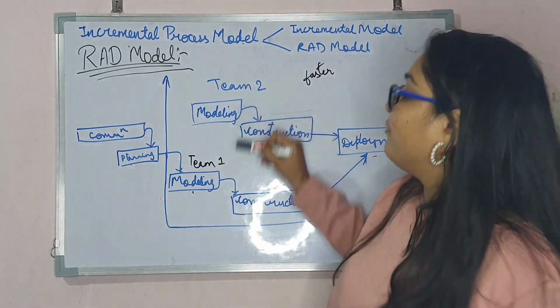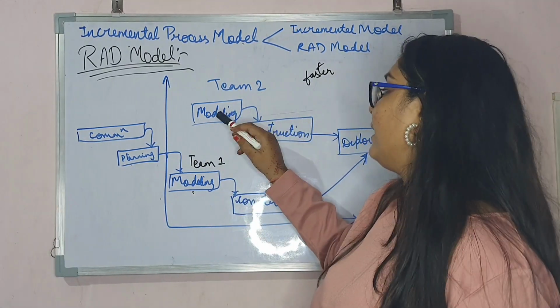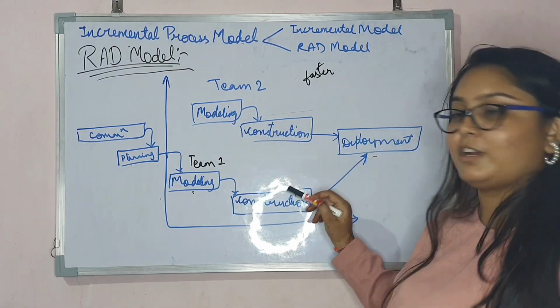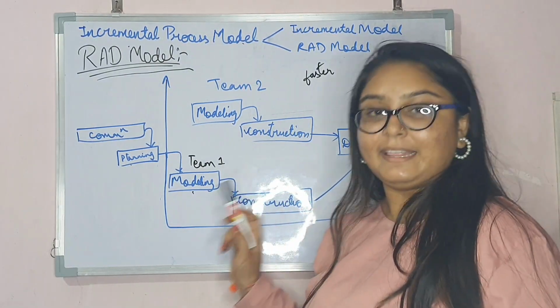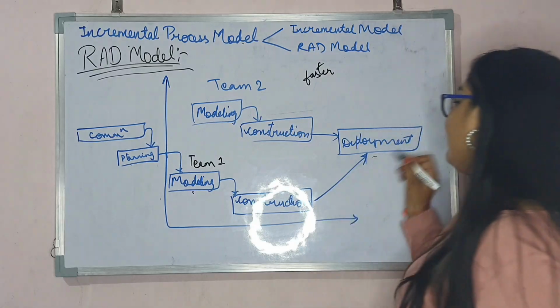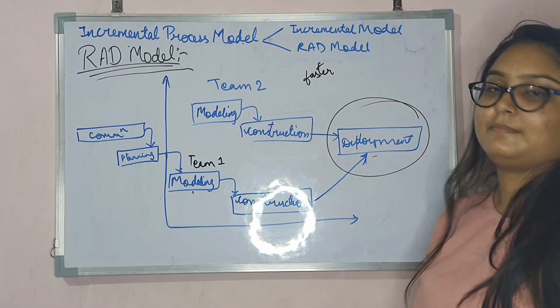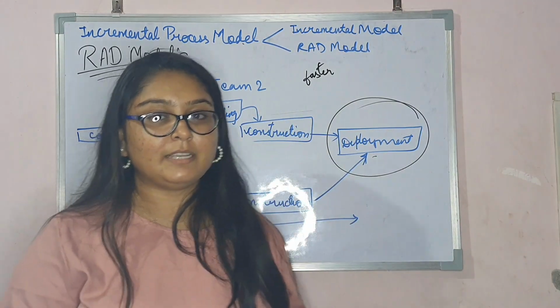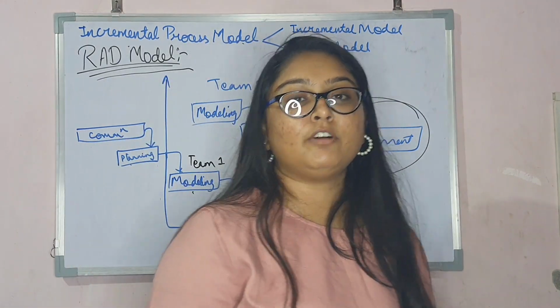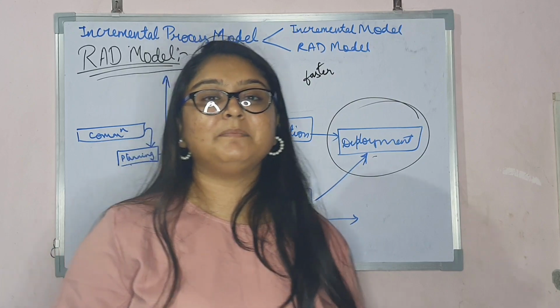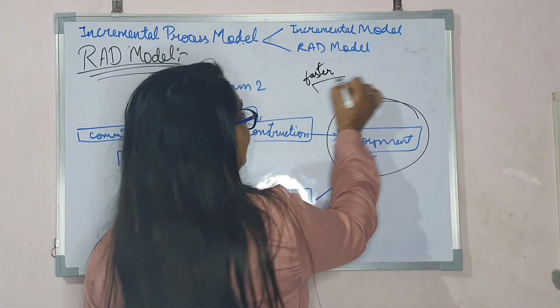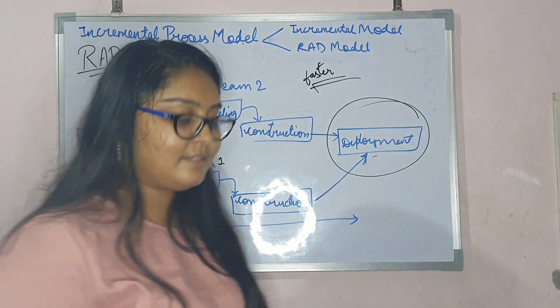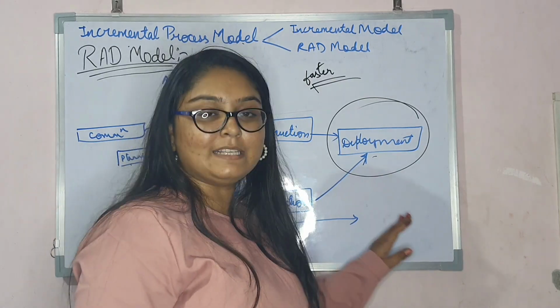Thereafter, 2 different teams will be working on modeling and construction of the software, and thereafter the software will be deployed. So more minds working on a project, more efficient work you can get, and simply faster work you will get. So this is why RAD model is used.